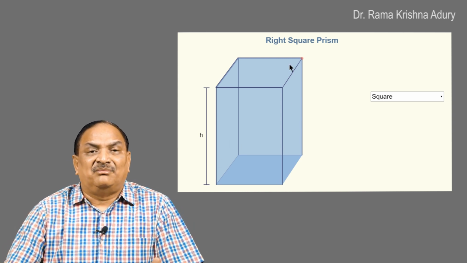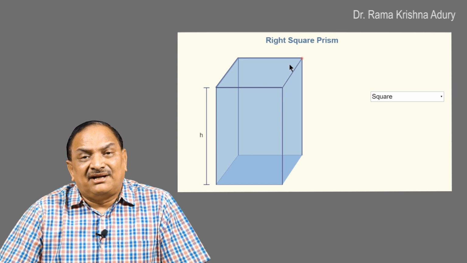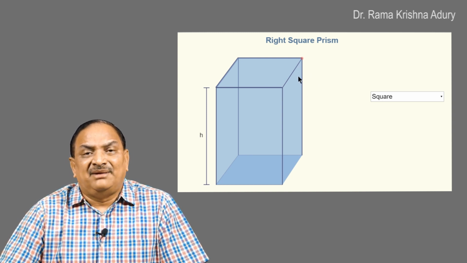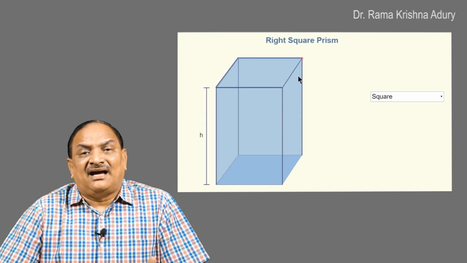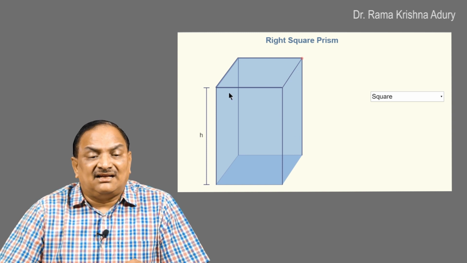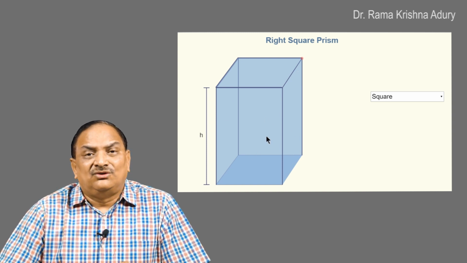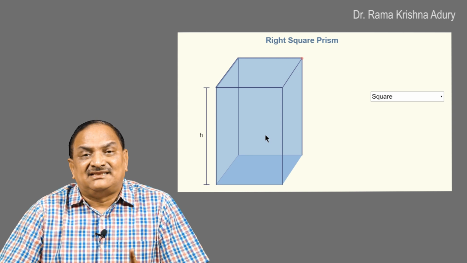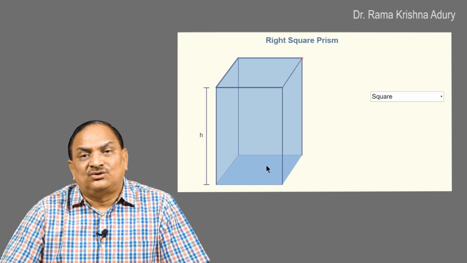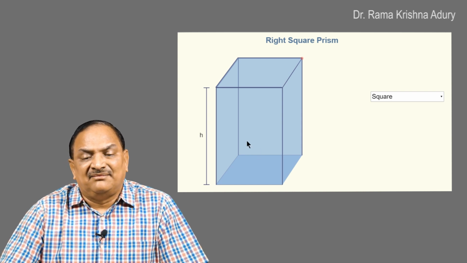That is an easy way to remember. PH, perimeter of the base times height, because you are adding all the sides there in the base and multiplied by the height of the prism. So PH will give you the lateral surface area. If you want to determine the total surface area, you must add 1 square here and 1 square here. So you add 2 times the base area.